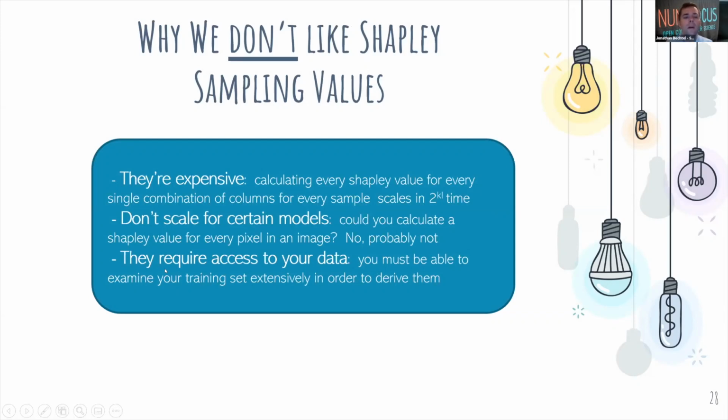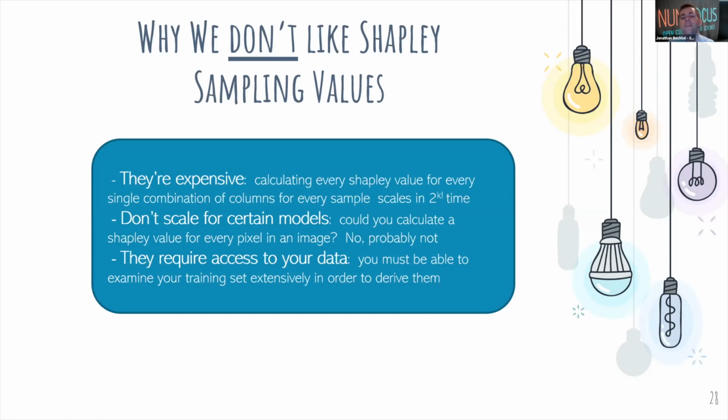However, there are a few things which are a little troubling about it. To fully compute a Shapley sampling value is fairly time consuming. The algorithmic time of it scales in 2 raised to the k factorial. That number gets pretty big.